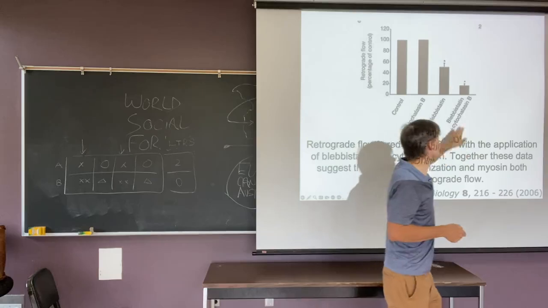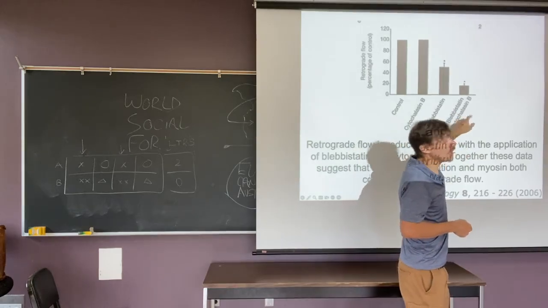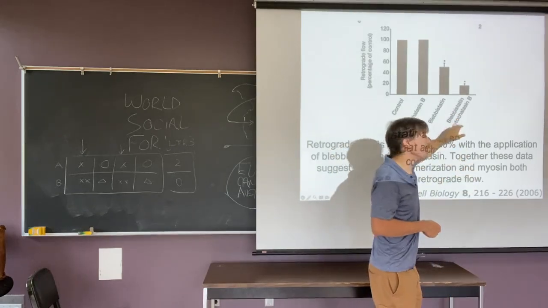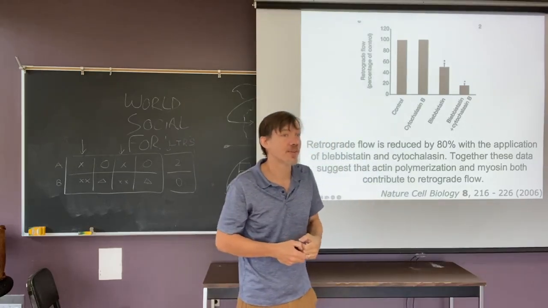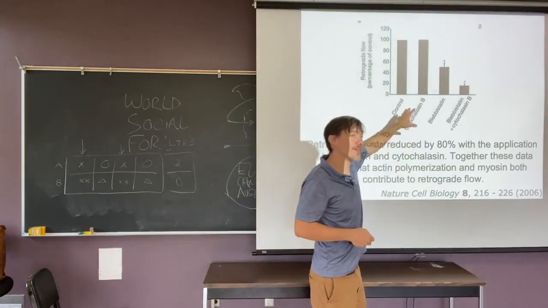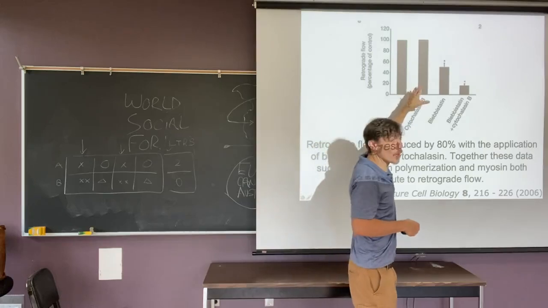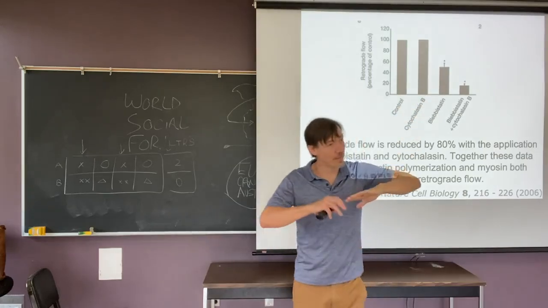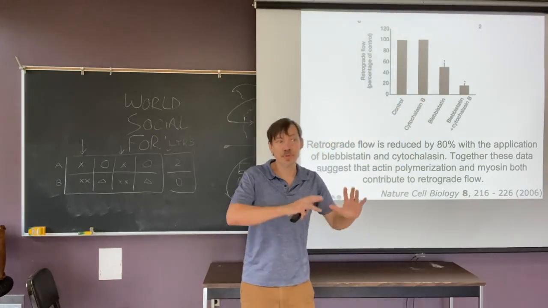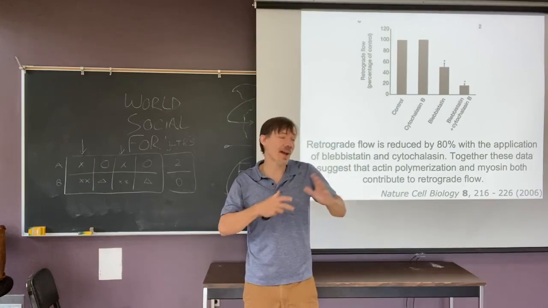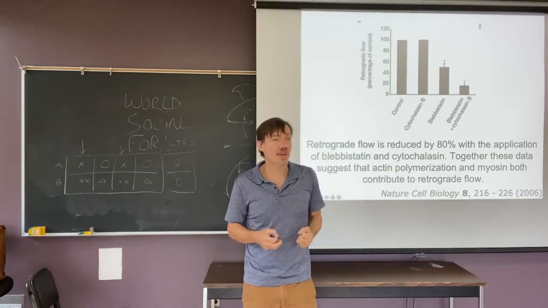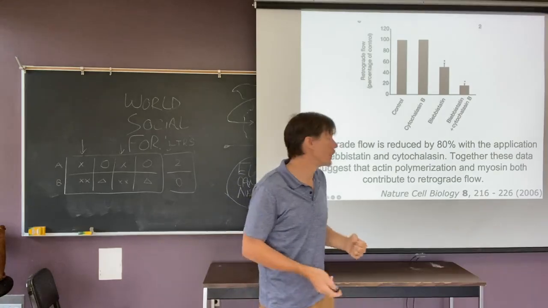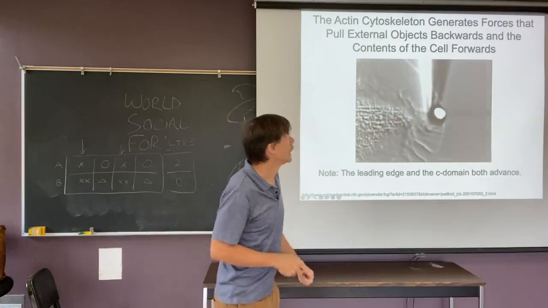But when you combine both inhibition of actin polymerization and inhibition of the motor, you do see a combined effect. So there are some subtleties here, and there's a little bit more going on, but the big point that I'm trying to get across is that actin assembly and myosin 2 activity work together to drive actin retrograde flow. So, all right.